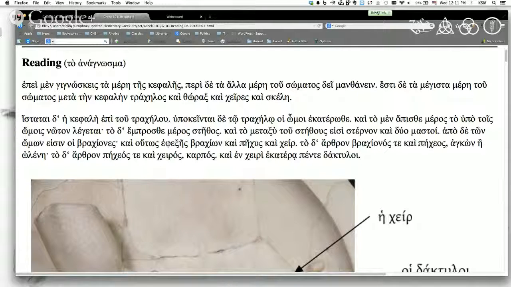Not meta tes kephales, but meta ten kephalein. Not with, but after. After the head. Neck and thorax and hand and legs.